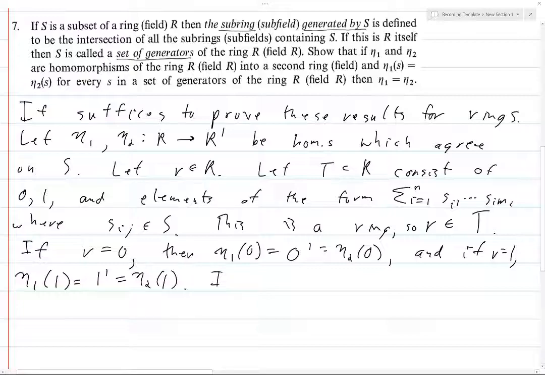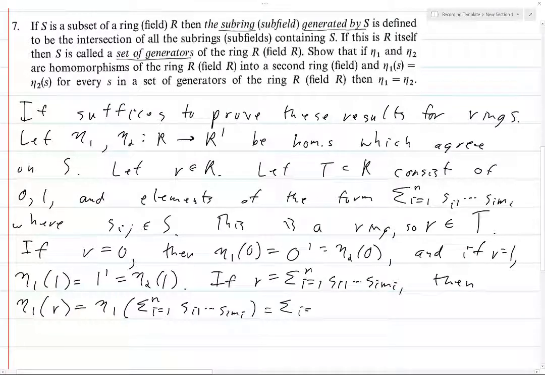So if instead r equals, say, the sum from i equals 1 to n of s_{i1} through s_{i m_i}, then eta 1 of r, you can kind of imagine how this is going to go. We're just going to distribute the etas inside.